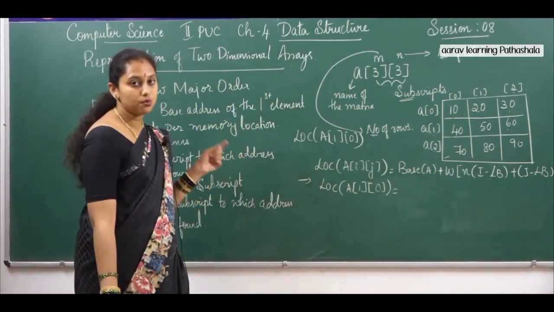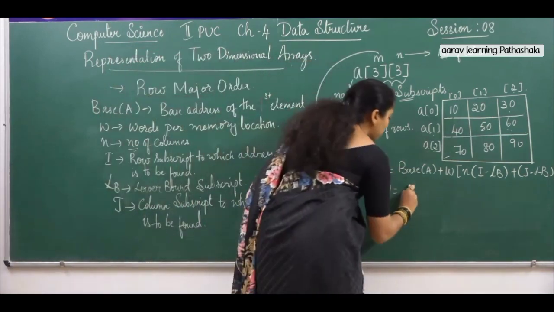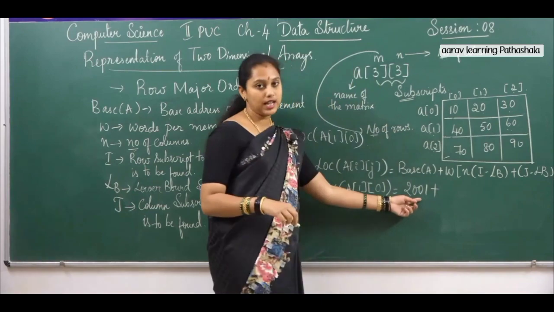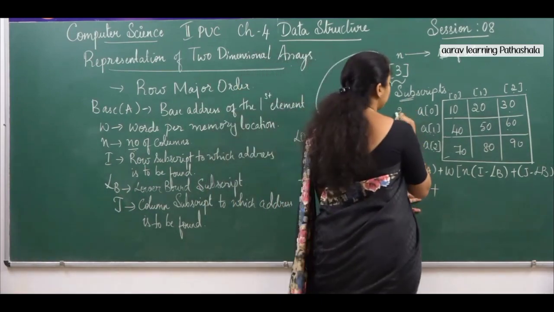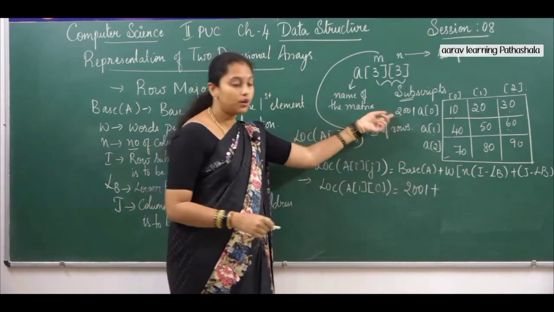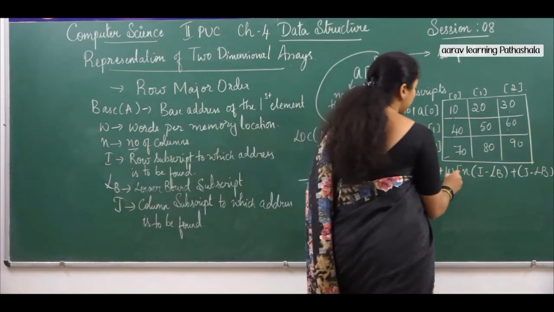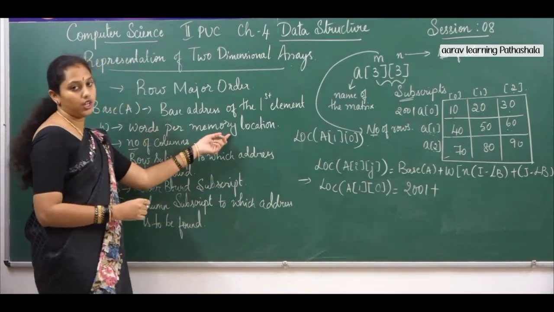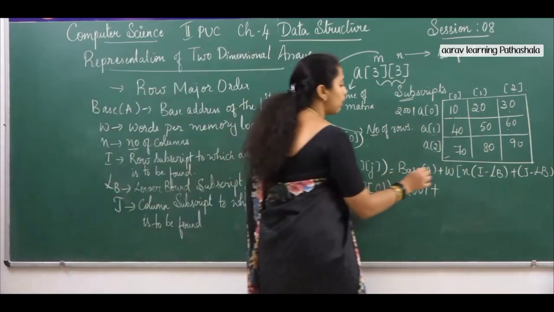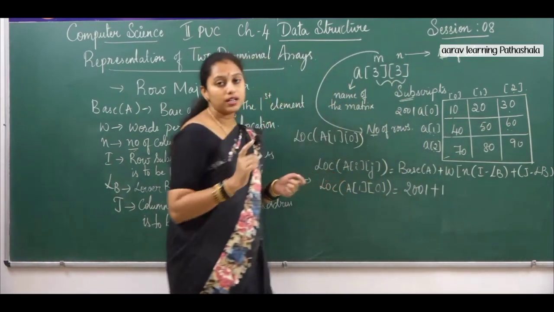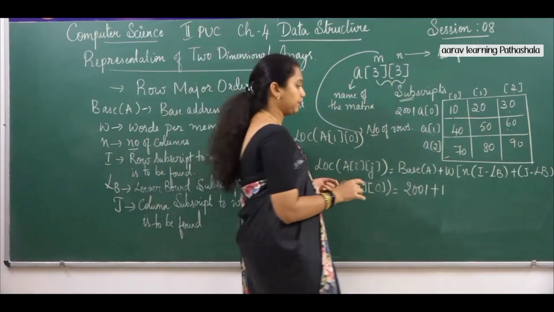The base address was 2001, the address of the first element. So the address of 10 is 2001 plus W. W represents word per memory location. So the value of W is 1. We are storing only one word per memory location.